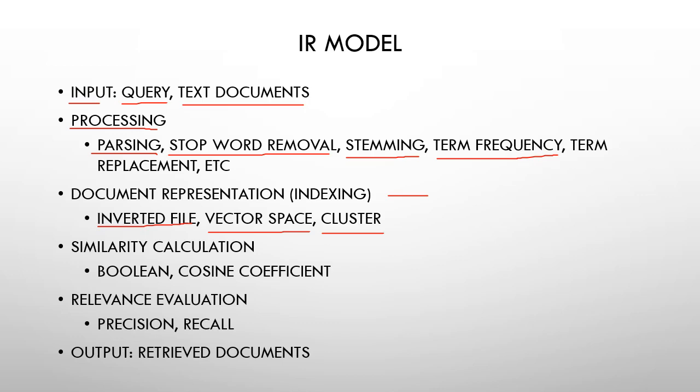Now, we will continue with similarity calculations to measure the similarity between the query and the documents in our corpus. We could, of course, use Boolean similarity measures, but we could also use cosine coefficient measures. We will also see these two, followed by relevance evaluation.